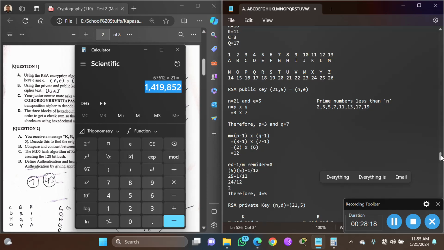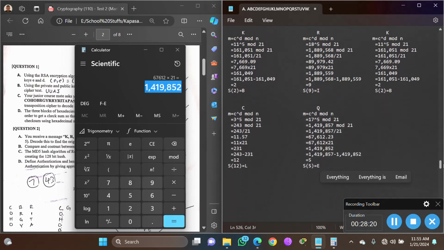Okay. Since we were decoding, we wanted to obtain the plaintext. So we need to have plaintext and ciphertext. We already knew the ciphertext.